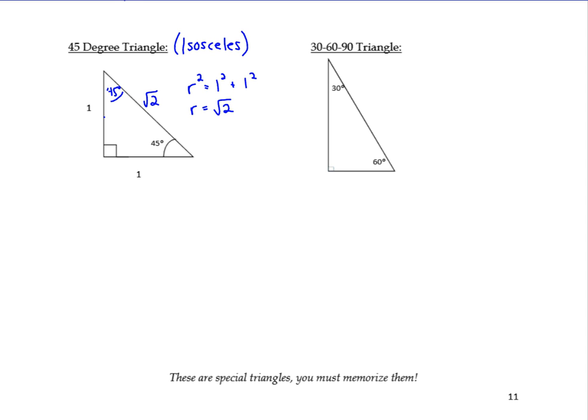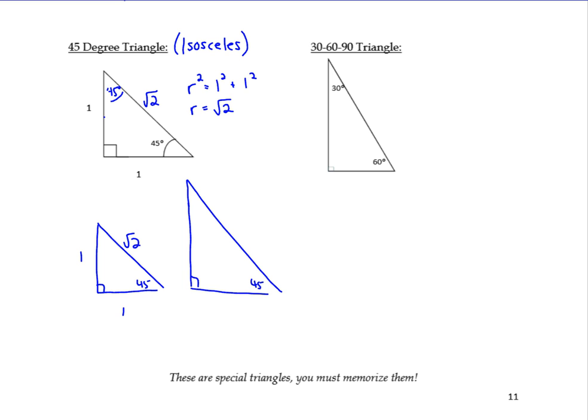Do you remember similar triangles? No? Grade 9, if you have similar triangles, the exact same angles, what do we know about the ratios of the sides? They are the same. So if this is 2 and 2 instead, what are we doing to each one of these sides to change it from this triangle to that?